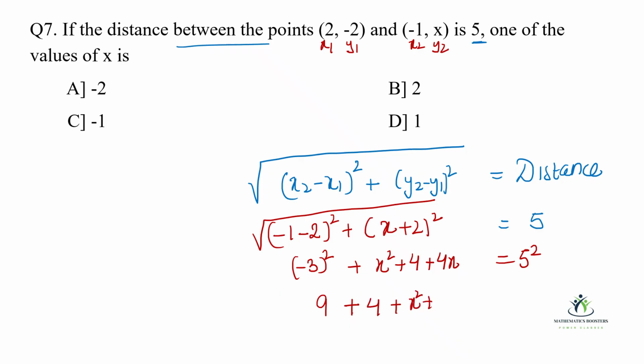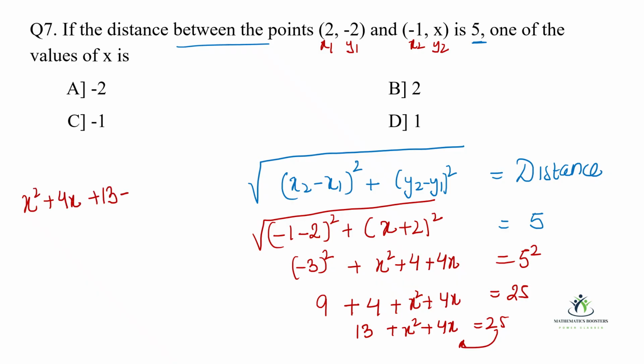Write it down again. This will be 25. 9 plus 4 is 13 plus x square plus 4x is equal to 25. Bring this to one side. X square plus 4x plus 13 minus 25 is equal to 0.